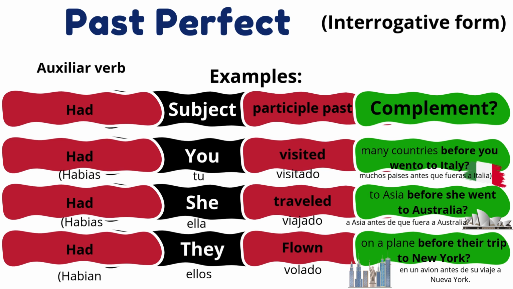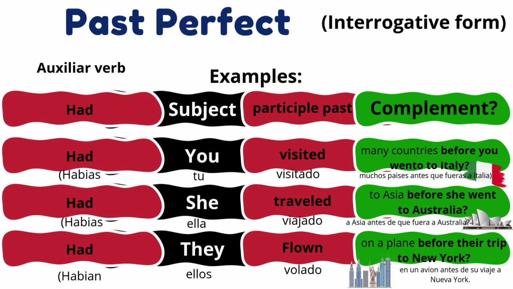For example, let's read. Had you visited many countries before you went to Italy? Had she traveled to Asia before she went to Australia? Had they flown on a plane before their trip to New York?